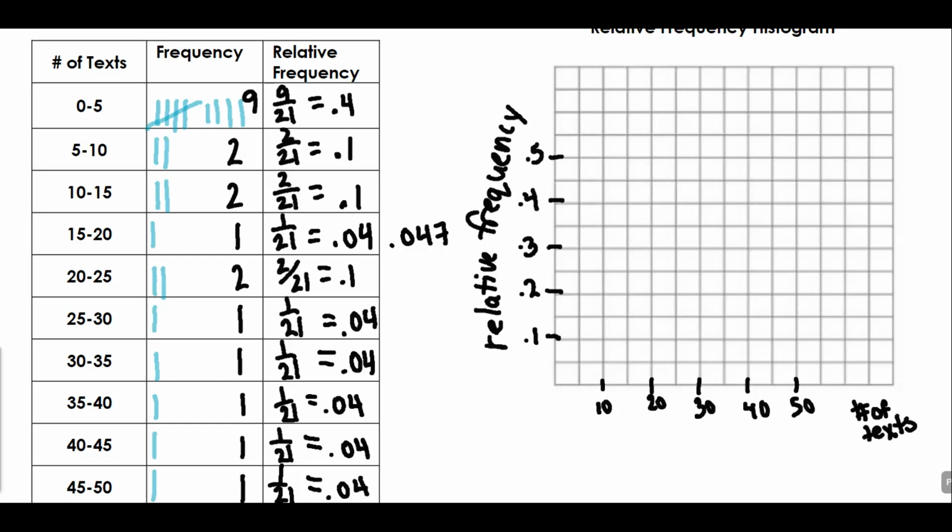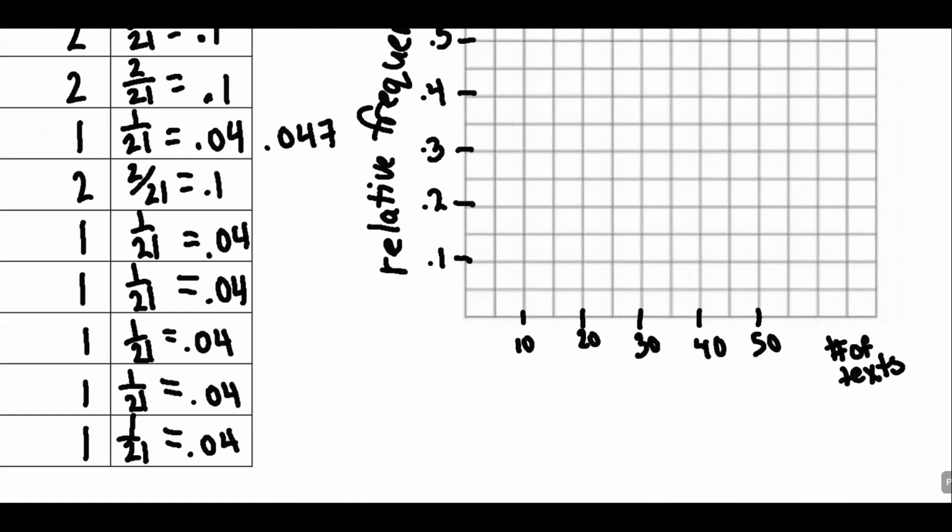And I will be drawing all of these. So for the first one, I am going to be going from 0.4. I'm going to zoom in a little bit. So 0.4 is going to be, let's say, use a different color, about here.